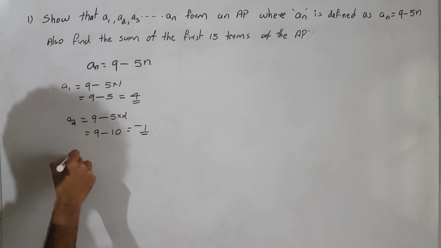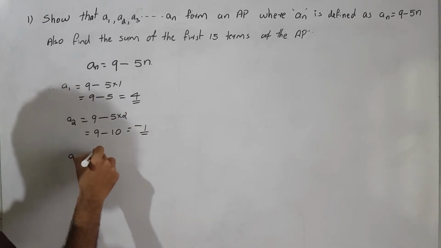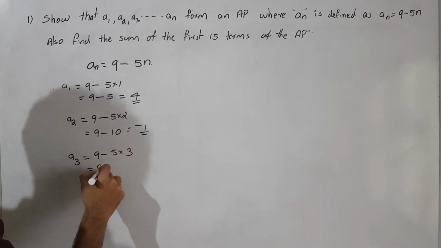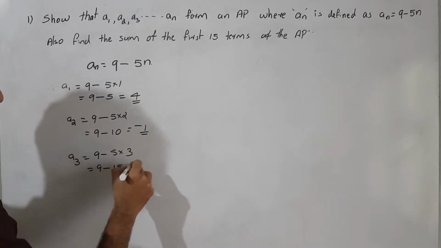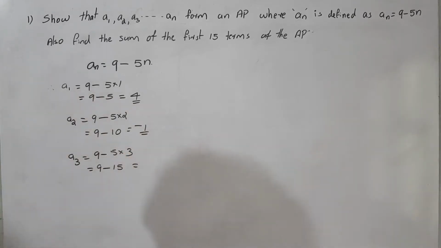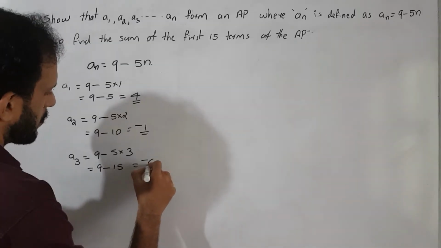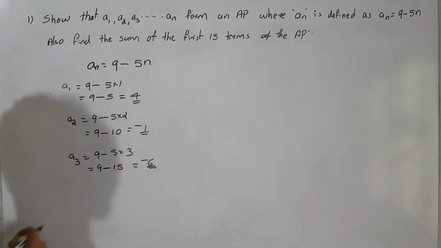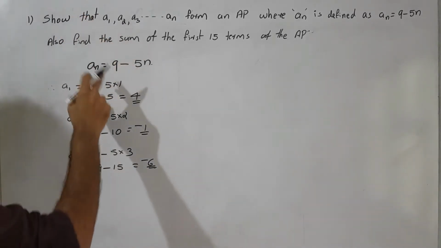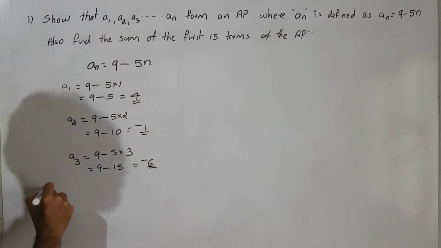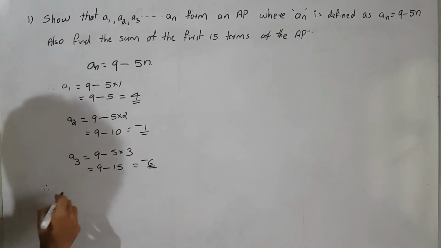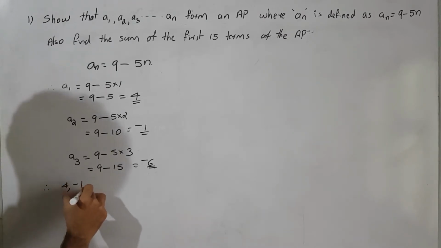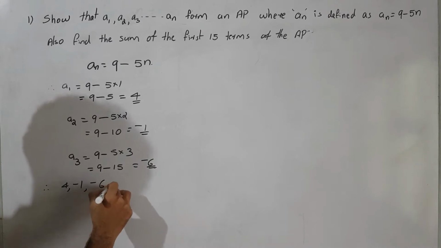Then next we find a3, the third term. 9 minus 5 into 3 is equal to 9 minus 15, which is equal to minus 6. Okay, minus 6. Now it's enough to check whether the sequence is an AP or not. Therefore the sequence is 4, minus 1, minus 6, etc.